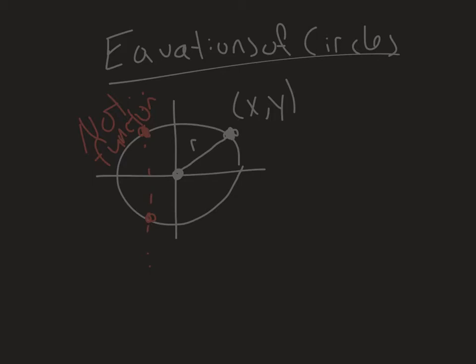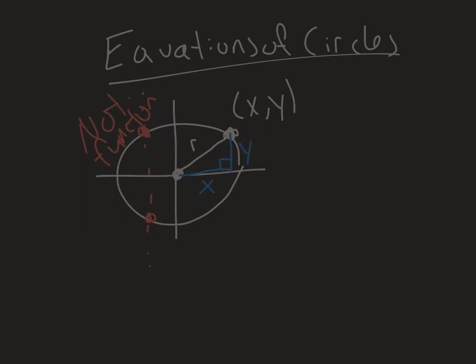So if we think about this x and this y and the radius and how they're all related, if we make a right triangle right here, this little blue one, the horizontal length here is my x coordinate. That is the distance that I go in terms of x. Same with the height, that would be my y coordinate.